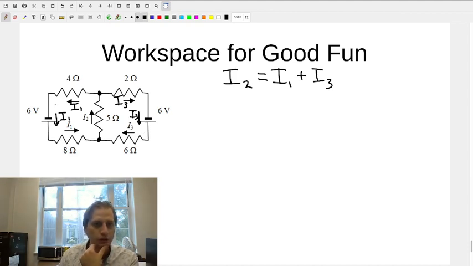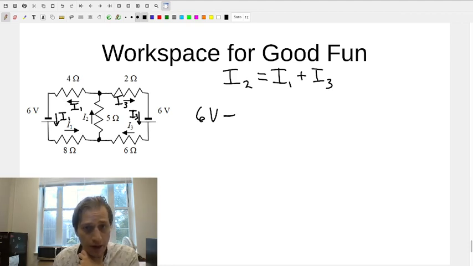Now, there are a couple different loops that you could use. You could use this loop, that loop, or the loop all around the outside. Now, the two that are going to be easiest to use are the loop on my left and then the loop on the right. So let's go ahead and do it. This is going with the direction of the current through the battery. So I'm going to have my 6 volts. And then this is going with the current through a resistor, so that's going to be minus the voltage.